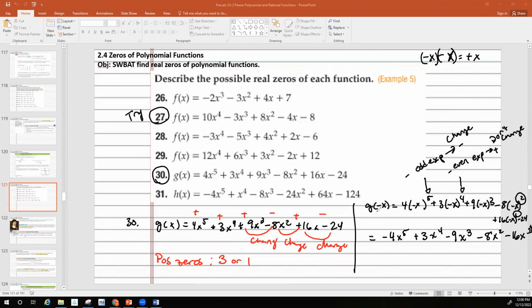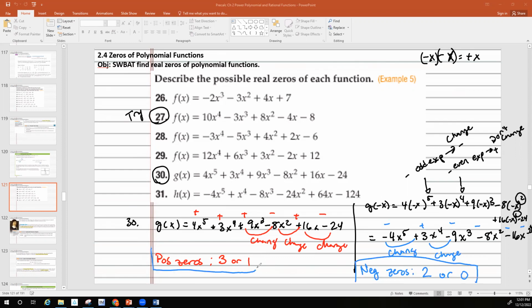All right, so let's look at the changes. Change, positive to negative to positive. And another change. So we got two changes. So for this one, we have 2, 4, 0.